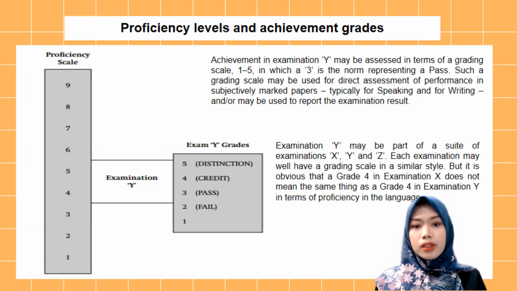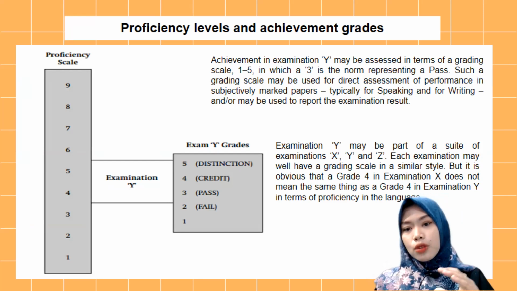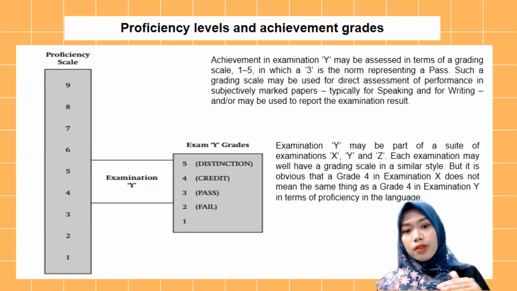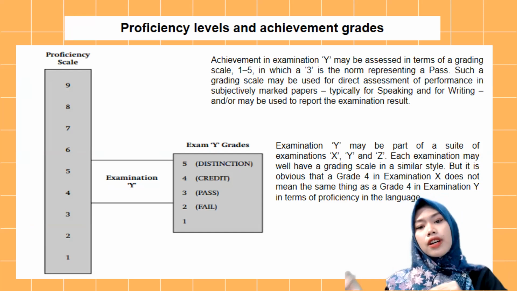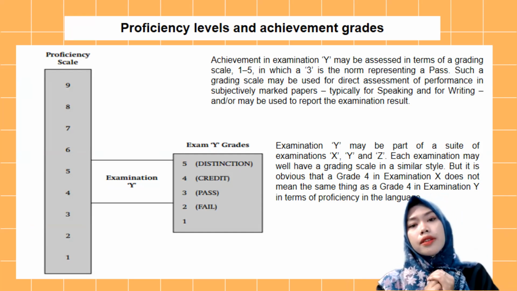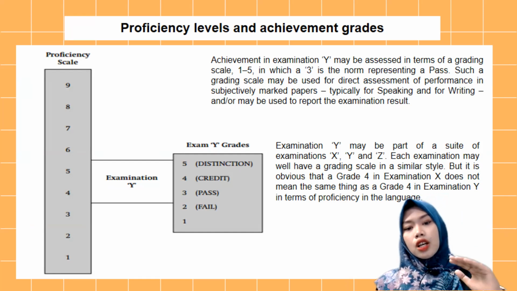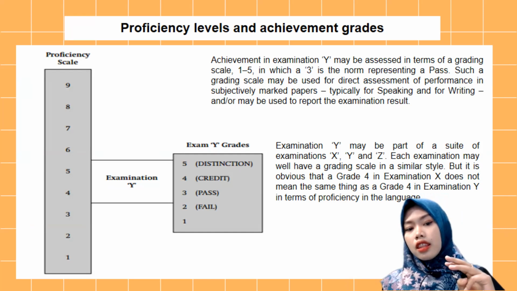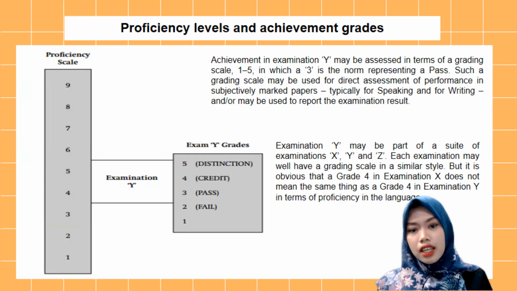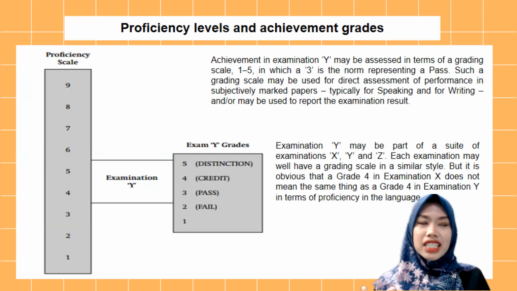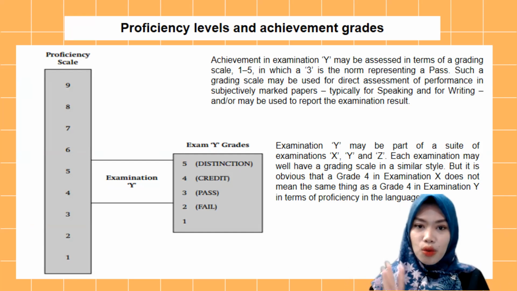This is the table. Achievement examination Y may be assessed in terms of grading scales 1 until 5, in which, if we would like to pass, we should get 3. Okay, the norm for representing a pass is 3.